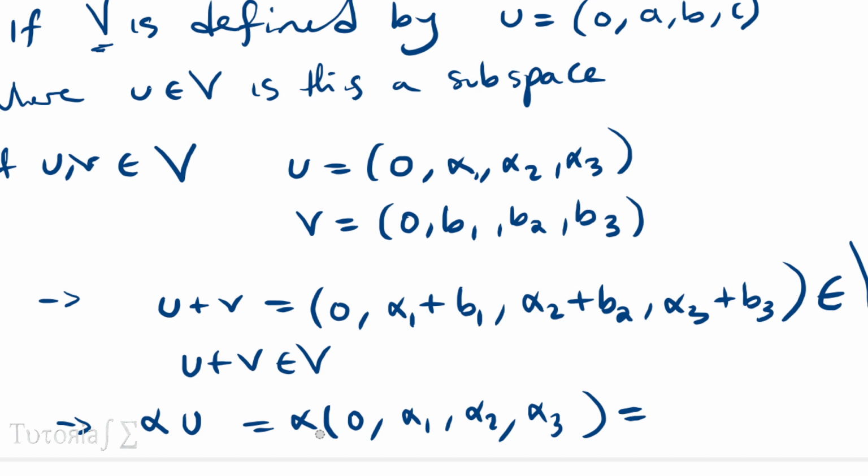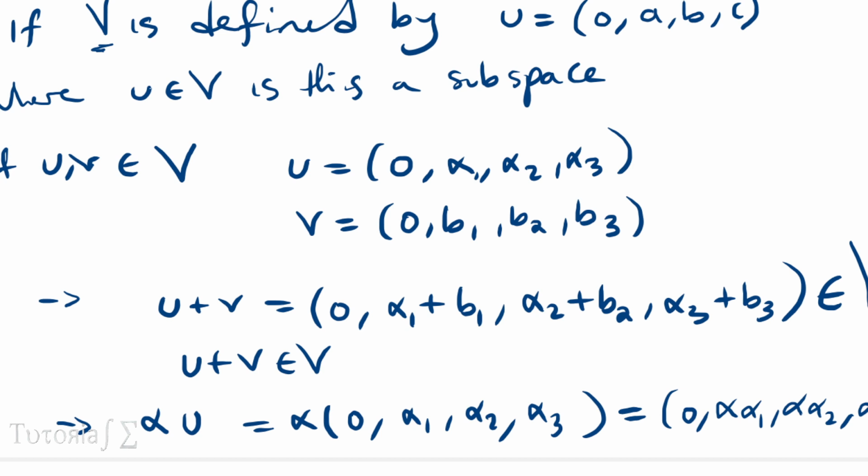Yes, when we multiply alpha times everything here, what are we going to have? So there we are multiplying alpha times 0, it's 0. Alpha times alpha 1, it's alpha alpha 1. Then alpha times alpha 2, and alpha times alpha 3.